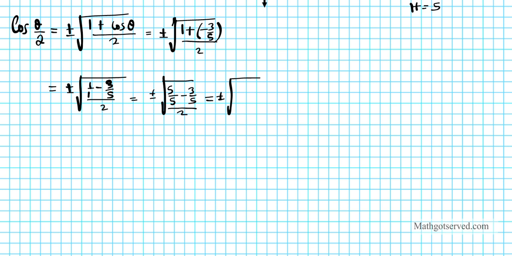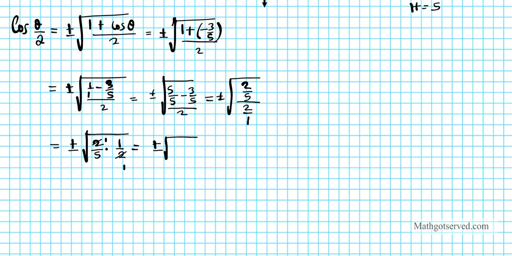2 over 5 over, how about we write the denominator as a fraction, 2 over 1. So that becomes plus or minus the square root of, we'll multiply the numerator, 2 over 5, by the reciprocal of the denominator, which is 1 over 2. Multiply across, we have plus or minus the square root of 2. We can just divide these out. 2 goes here 1, 2 goes here 1.